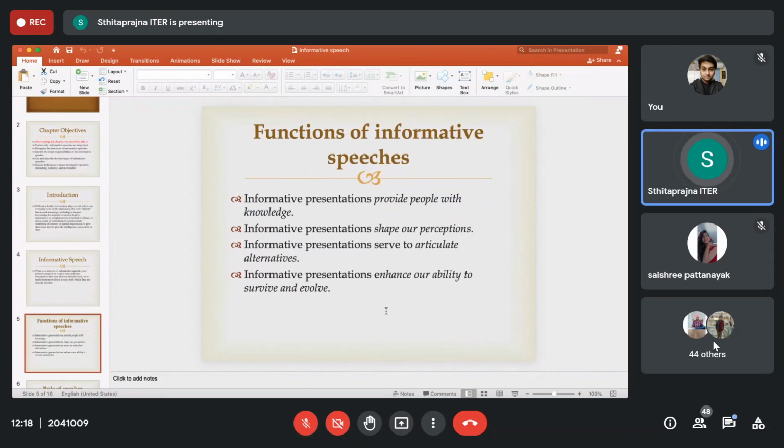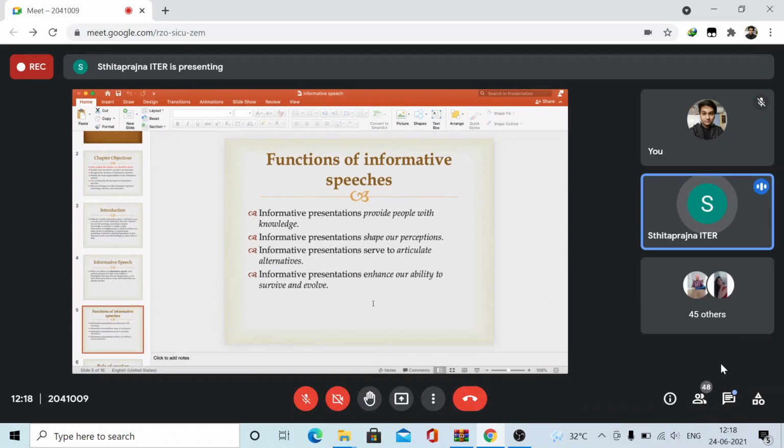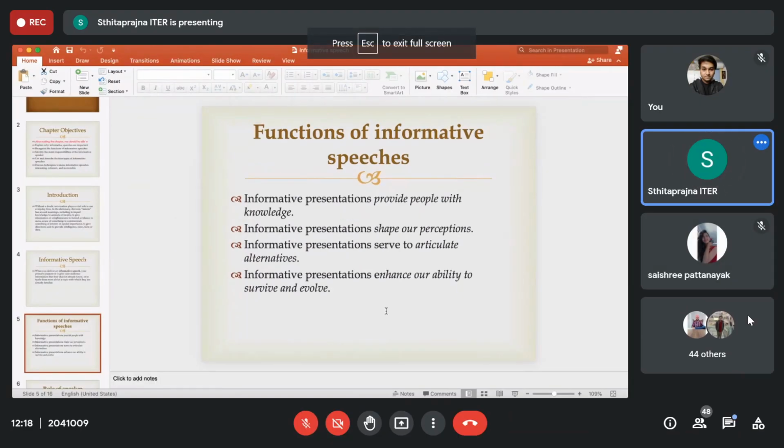Either you want to provide us with some interesting facts and knowledge, or you give us some insights on certain things which could shape our perceptions, things that we did not know before, or things which we knew but we overgeneralized.